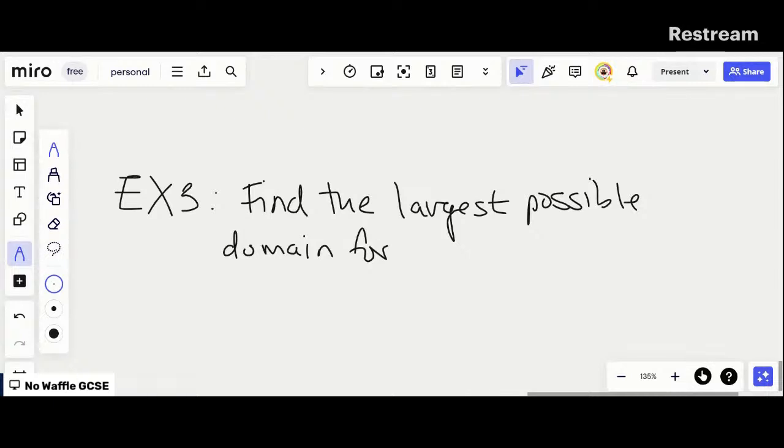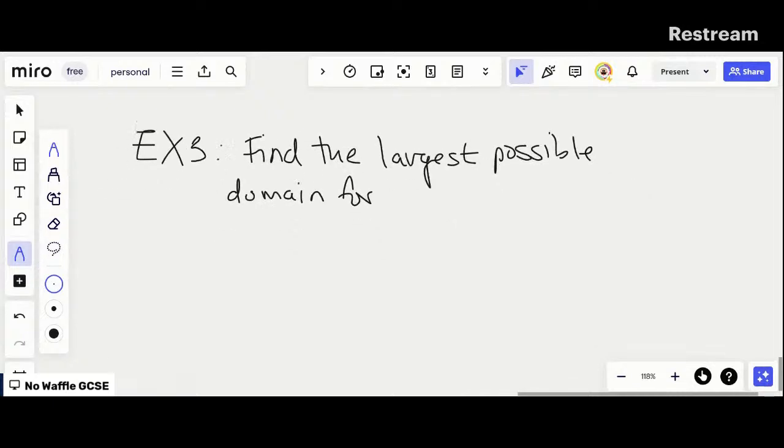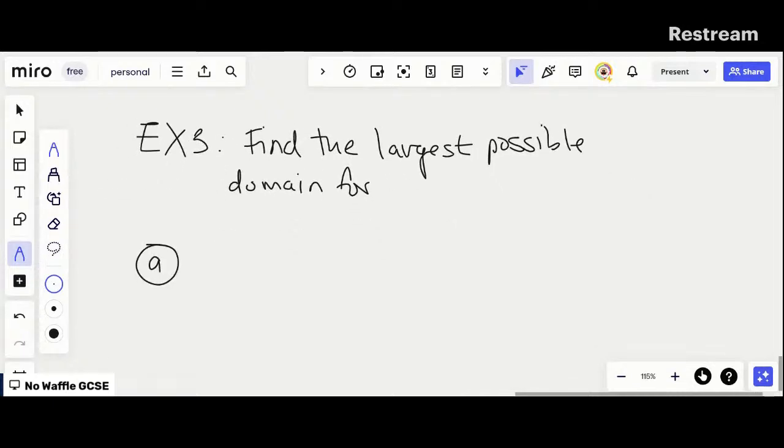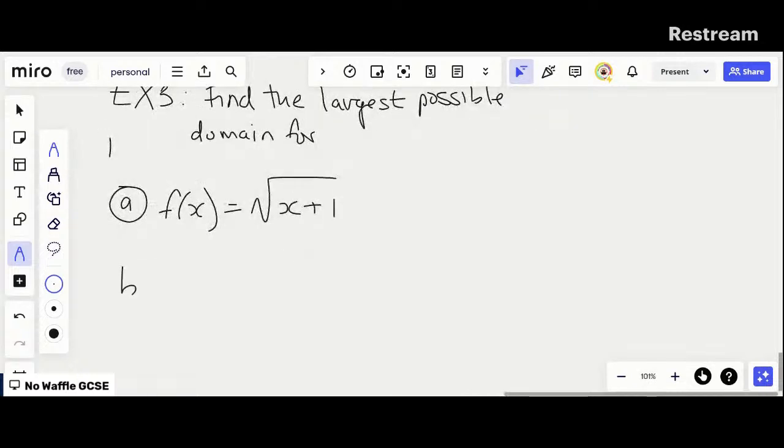Well done, Gayatri, that's also correct as well. So find the largest possible domain for the following functions. Function A, f of x equals root x plus 1, and B, f of x equals 1 over x plus 5.